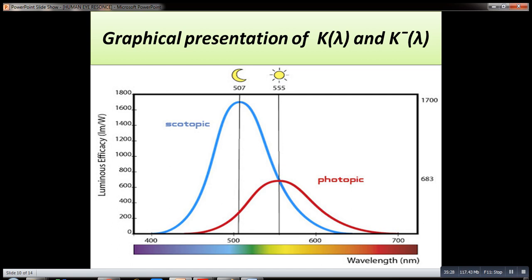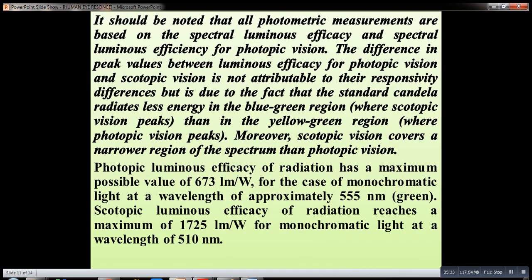It should be noted that photometric measurements are based on spectral luminous efficacy and spectral luminous efficiency for photopic vision.